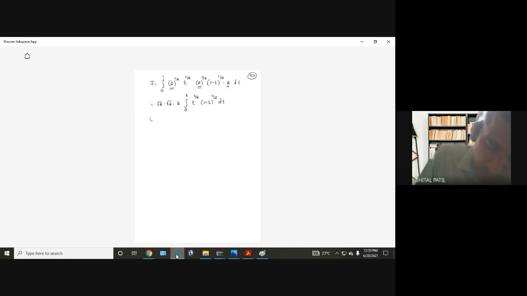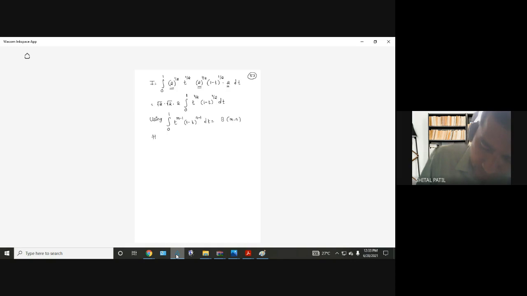And I'll use this formula, the beta function formula: integration from 0 to 1 of t raised to (m minus 1), (1 minus t) raised to (n minus 1) is equal to beta(m, n).